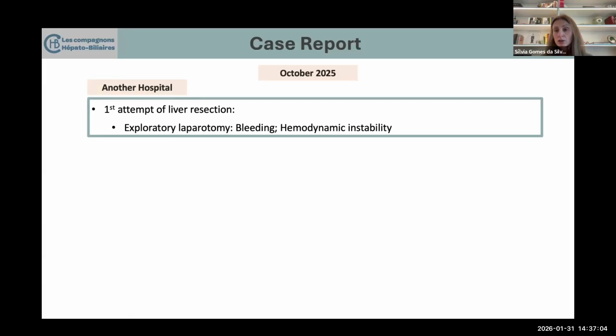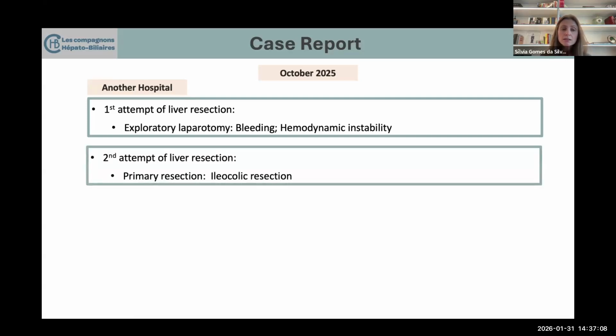They didn't do anything at this first attempt. At the second attempt, 2 weeks later, they also couldn't resect the liver metastasis, so they performed the primary resection, an ileocolic resection.